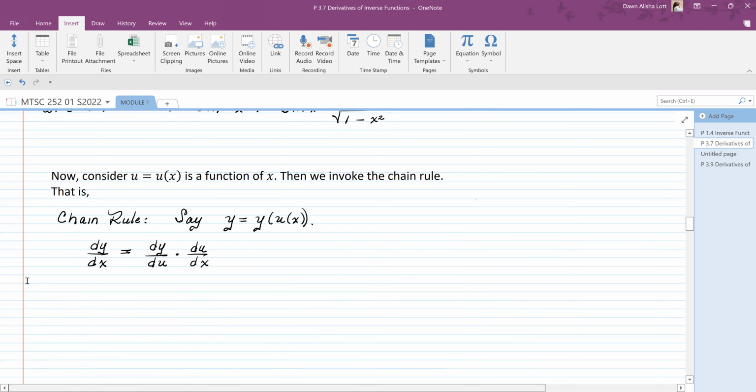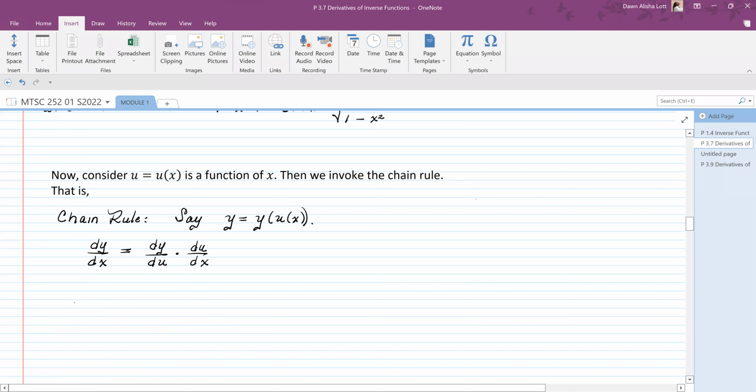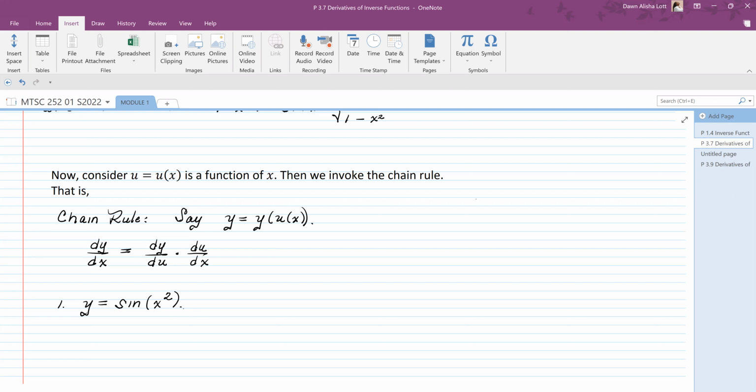So here we go. y is the sine of x squared. If it was just y is equal to sine of x, the derivative would be cosine x.